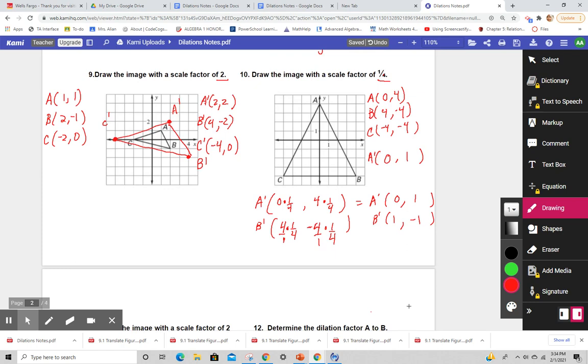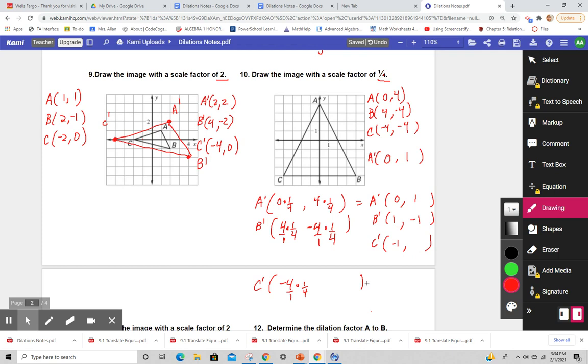And let's do C. So that's going to be -4 times the scale factor, 1/4. When you multiply that, that's going to be -1.